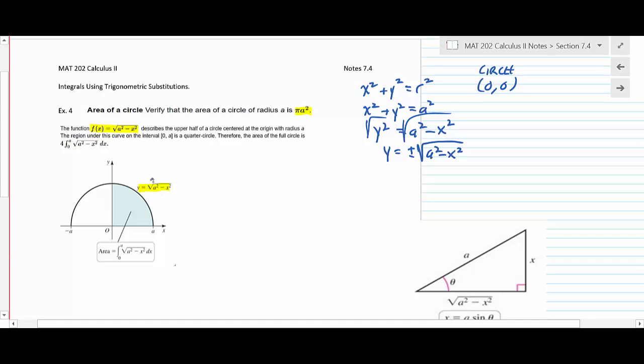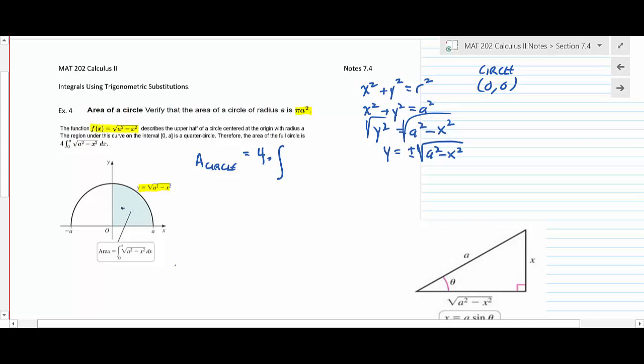So you can think of that as a circle, okay? What we're going to do is set up our integral with this. The area of the circle is going to be 4 times the integral of this function.